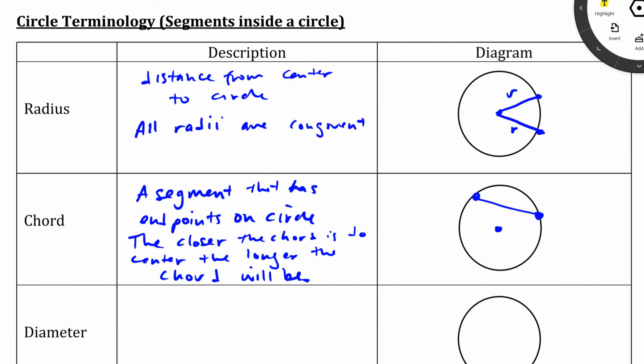So for example, if I could just grab a different color pen here, let's see. If I was to draw this red chord, notice that red chord is significantly longer than the blue one. And if I was to draw this green chord, that one would be significantly shorter than the blue one. So the further you are away from center, the longer your chord is going to be.